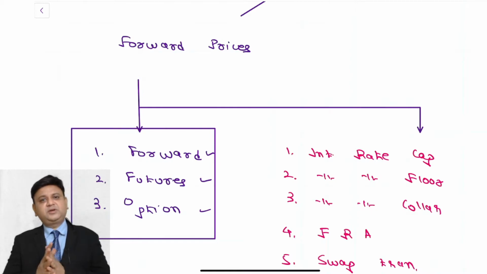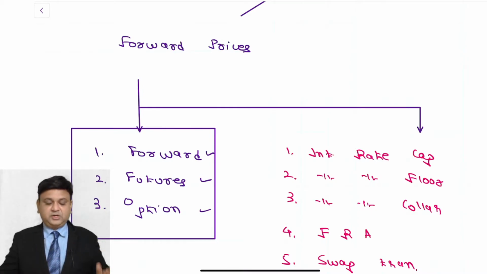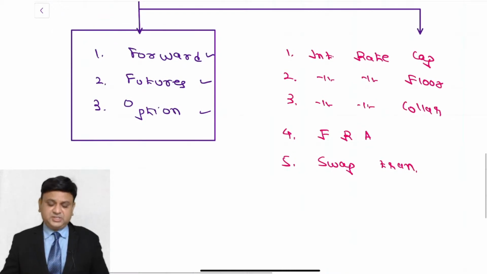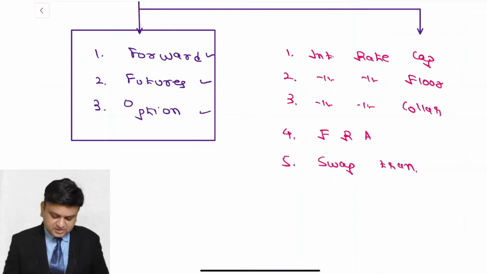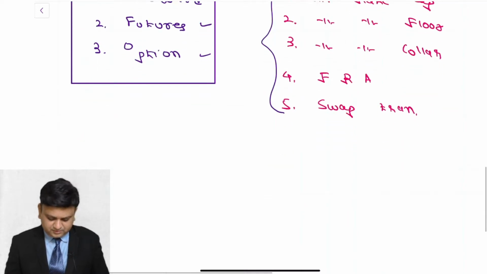All those things we are going to understand over here, and then we are going to understand the transactions called OTC derivatives, the over the counter derivative transactions. That is what we are going to learn.